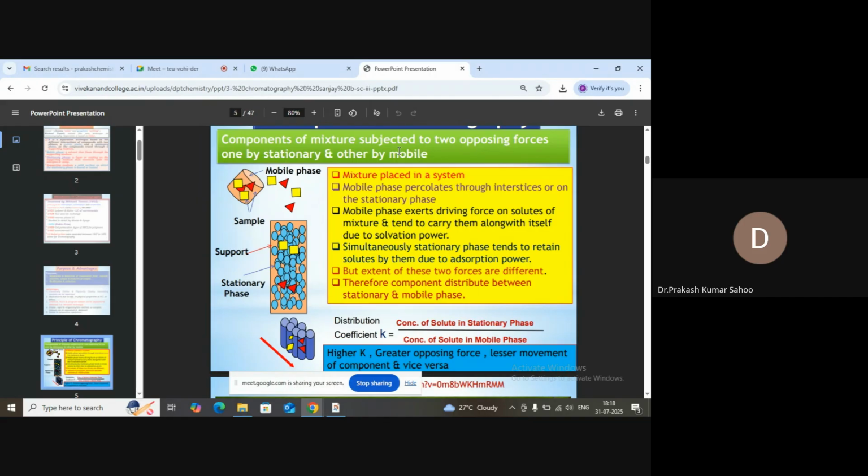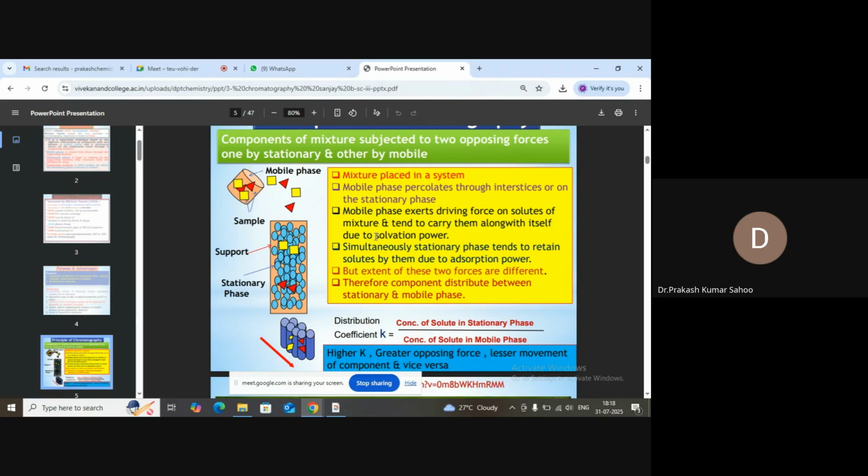So next, different components are moved by the mobile phase, the solvent chosen, through their solvation power. Simultaneously, the stationary phase tends to retain solutes due to its adsorption power. So two types of things are there.